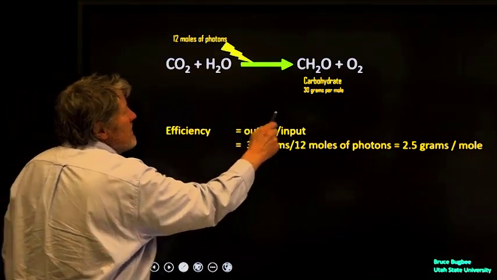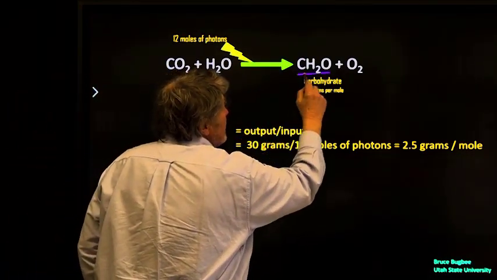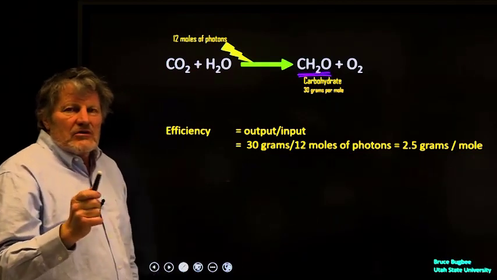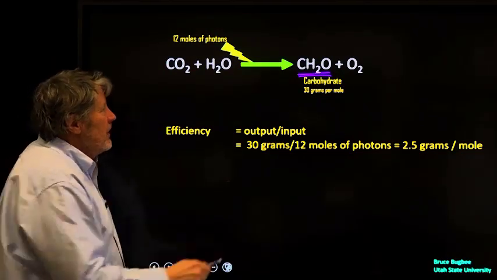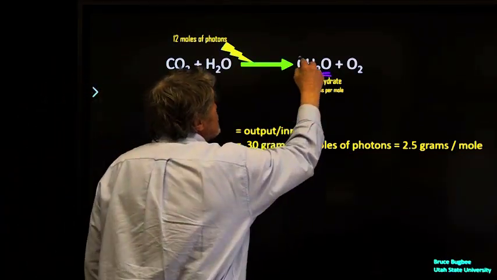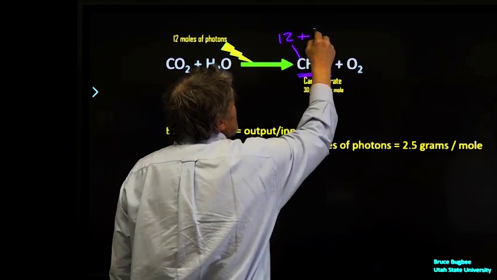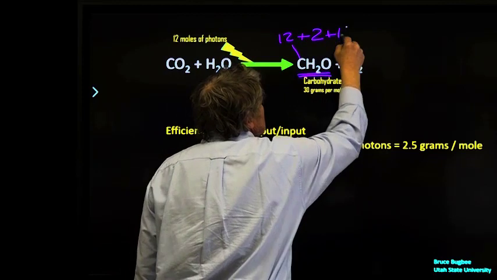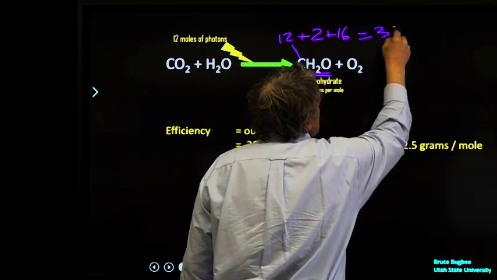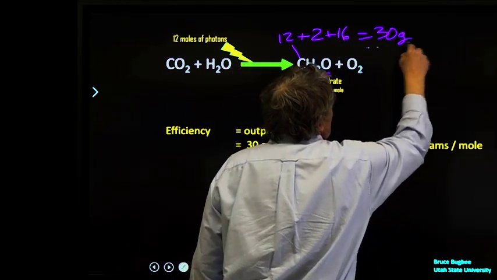CO2 in, carbohydrate. Now we're going to turn this to a yield model. Carbohydrate is 12 grams for the carbon, 2 times 1 for the hydrogen, 16, 30 grams per mole.